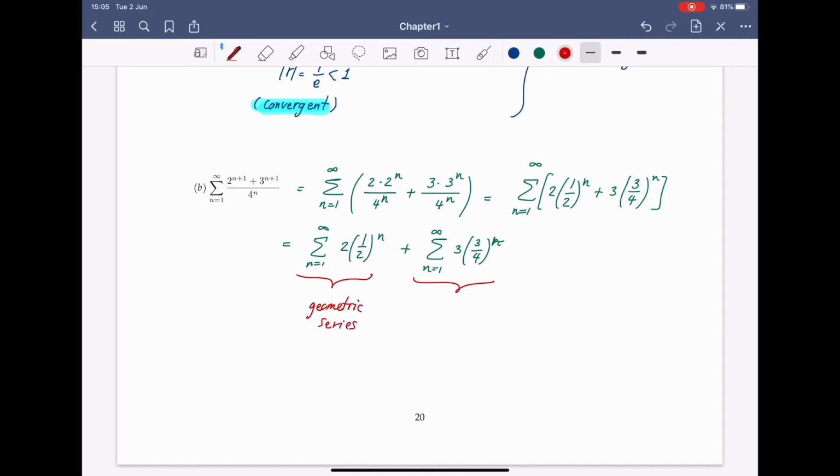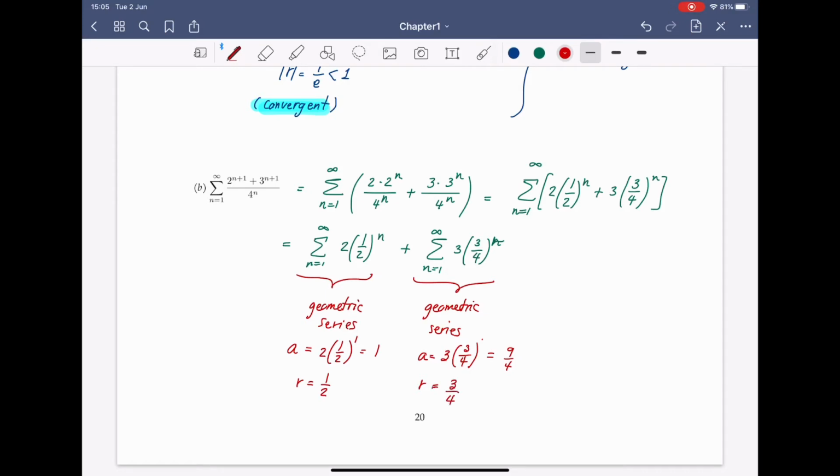Well, the first term a is equal to 2 times 1 half to the 1, which is 1. And then our r is 1 half. And then this is a geometric series as well. You have a equal to 3 times 3 over 4, and that is 9 over 4. And then my r is going to be 3 over 4.